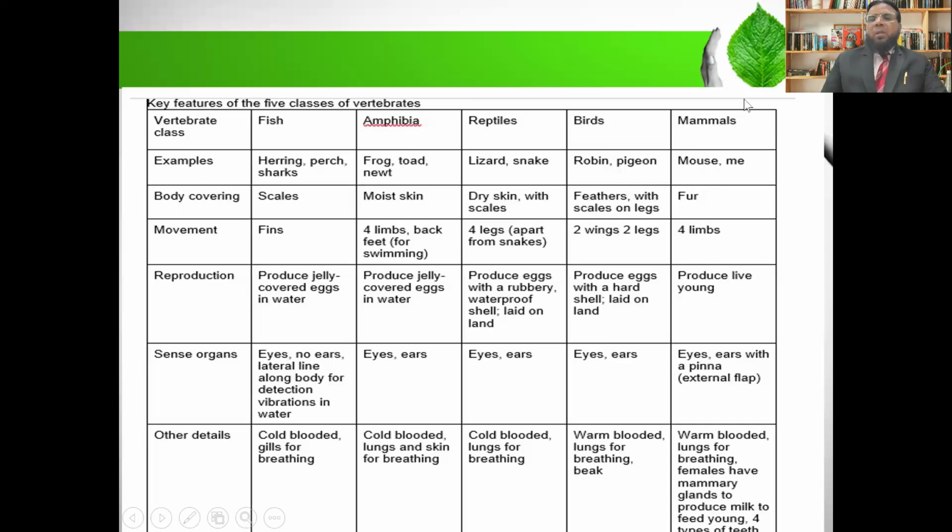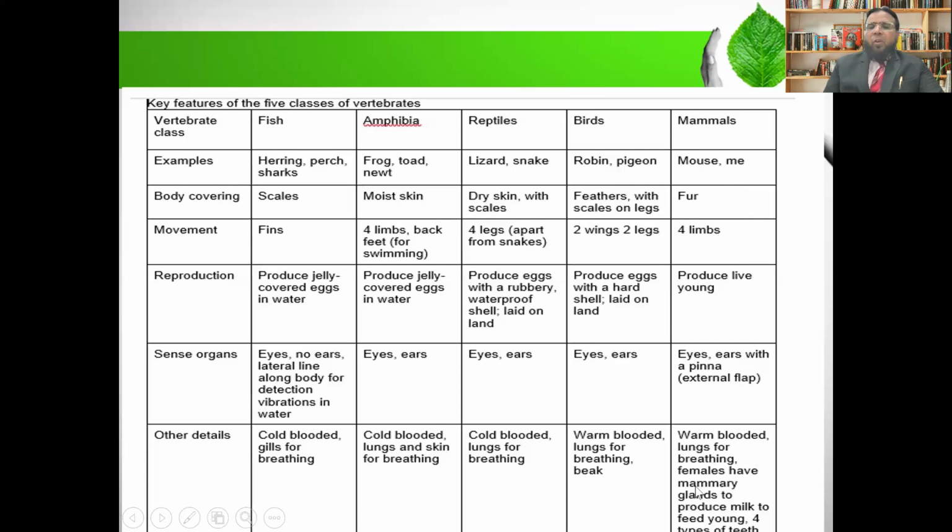And the last class of vertebrates is mammals. See here the characteristics of mammals. They have hair, fur, or whiskers on their body. They have four limbs and produce live young, meaning they don't lay eggs. They give birth. Sense organs are there, that is eyes and ears with pinna.